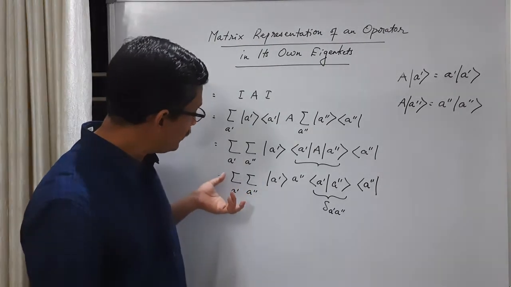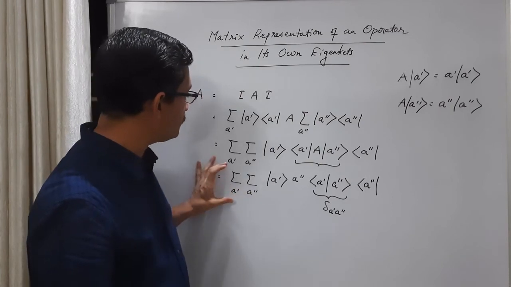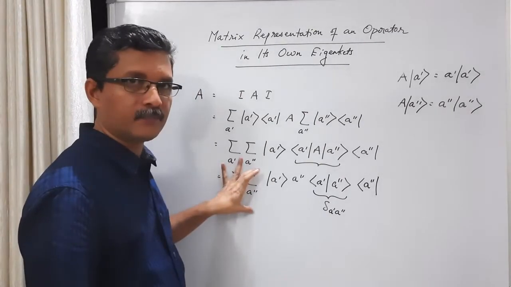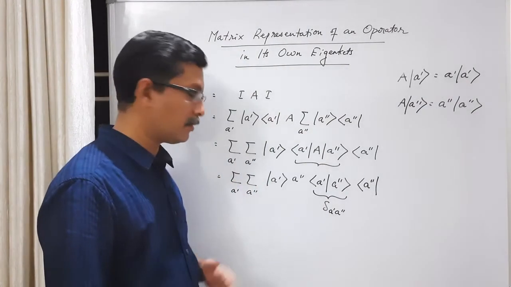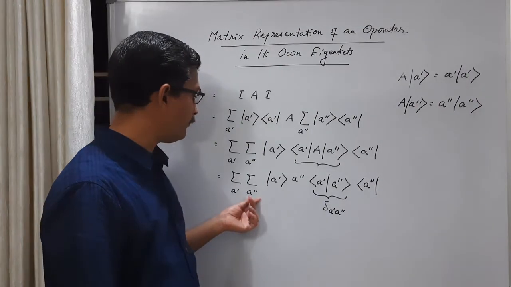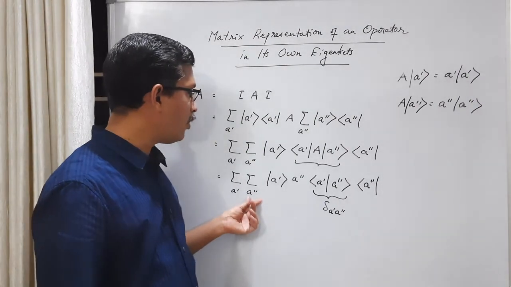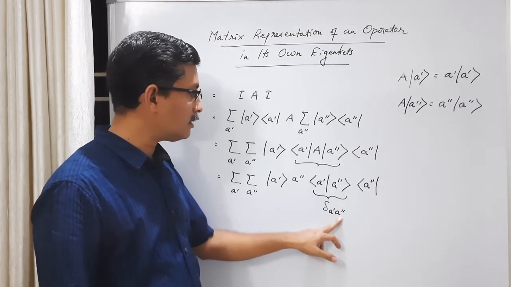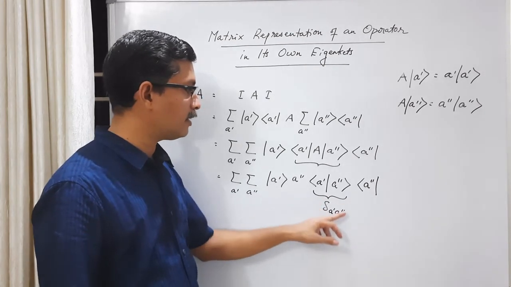So you can apply this in the case of either this summation or this summation. Any one summation will go, only one term will remain. So let us take this summation over A''. In the summation over A'', only one term will be non-zero. Which term? All the other terms which are not equal to A' will vanish, because this Kronecker delta will become 0.